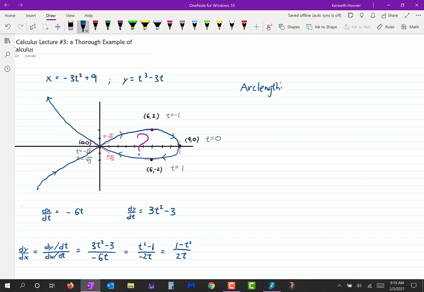Remember from our previous lecture, there's a formula for arc length. We integrate the square root of dx dt squared plus dy dt squared.